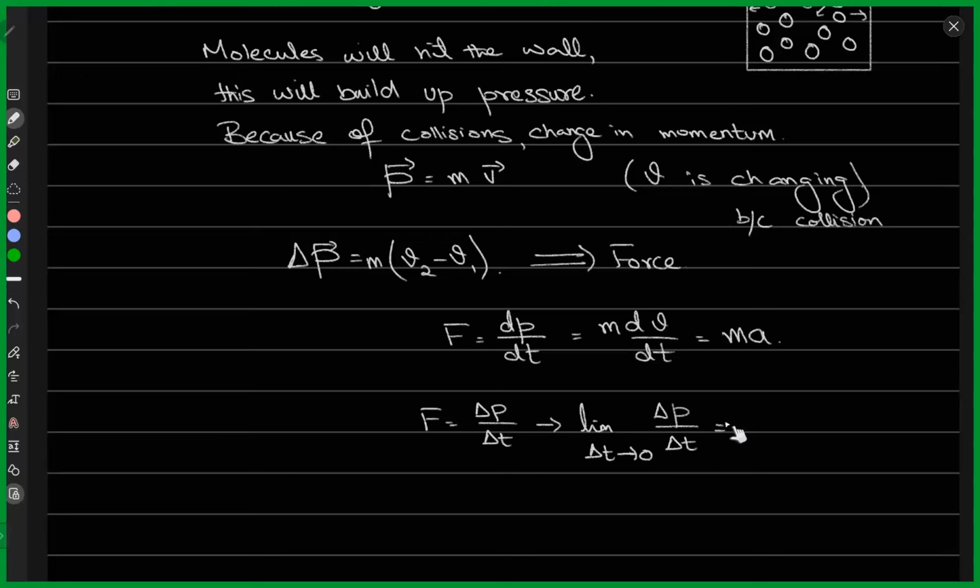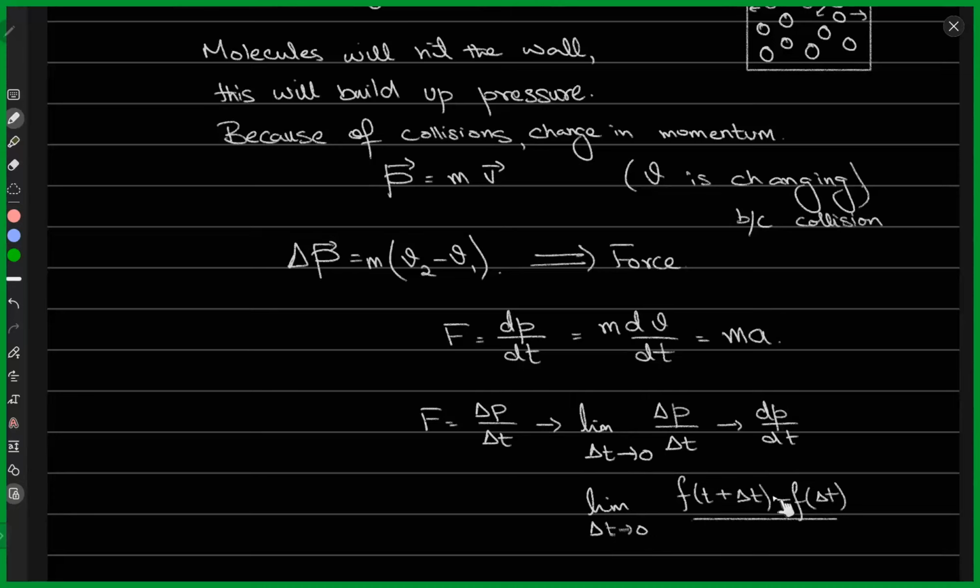And this converts to the derivative, which is dP over dt, because the derivative is defined as something like this: the limit as delta t goes to 0 of the function of t plus some delta t minus the function of t, something like that, I don't really remember.